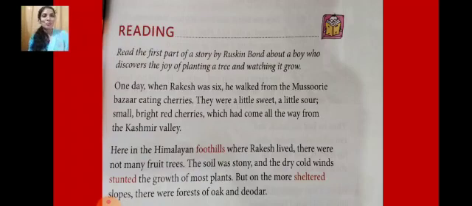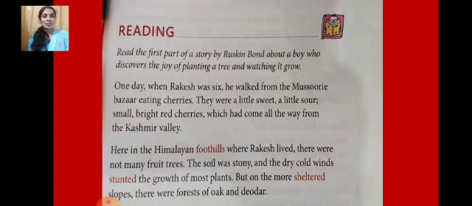Yes, India map. Here in the Himalayan foothills where Rakesh lived, there were not many fruit trees. The soil was stony, and the dry cold winds stunted the growth of most plants. But on the more sheltered slopes, there were forests of oak and deodar.